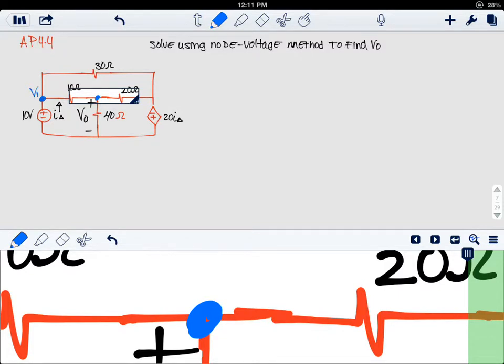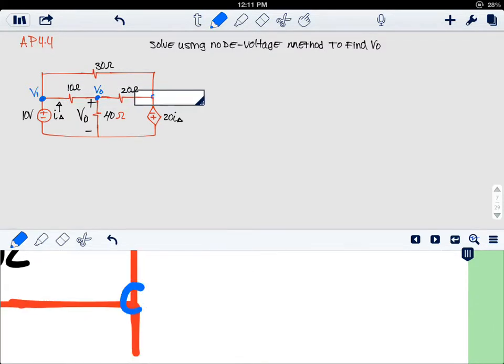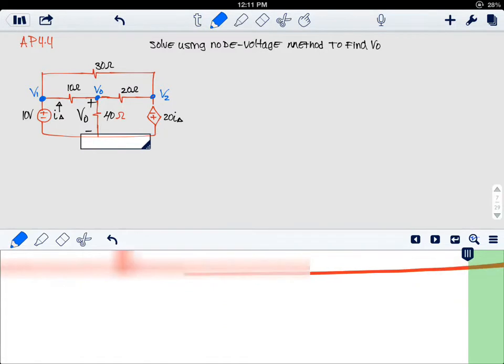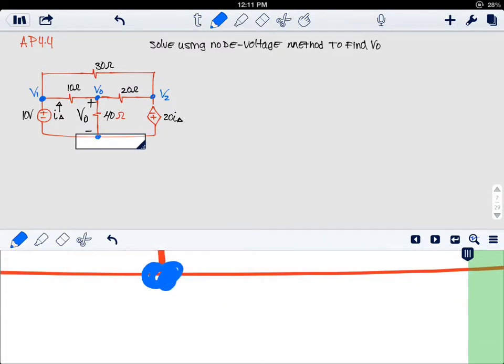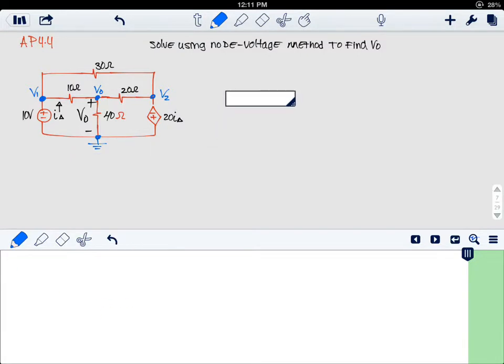I'm going to label this one, this one, this one, V2, and you use one as reference. You have 4 essential nodes and you use one as reference. So what this means is that you will have to find 3 equations.